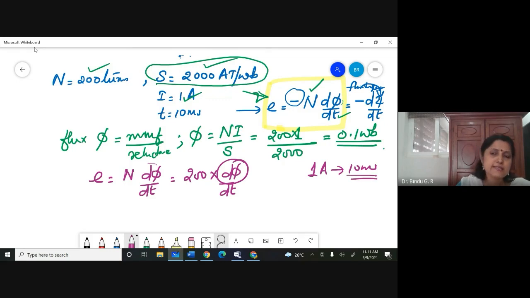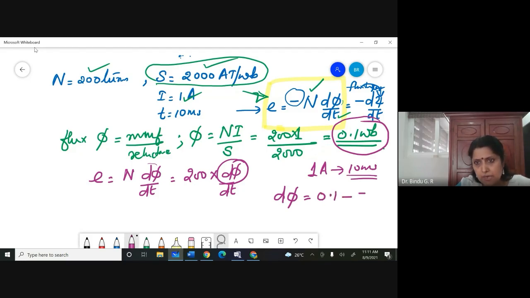Originally, say, it was flowing from left to right. After it was reversed, this flux also gets reversed. So d phi will not be 0.1, d phi will be 0.1 minus minus 0.1.